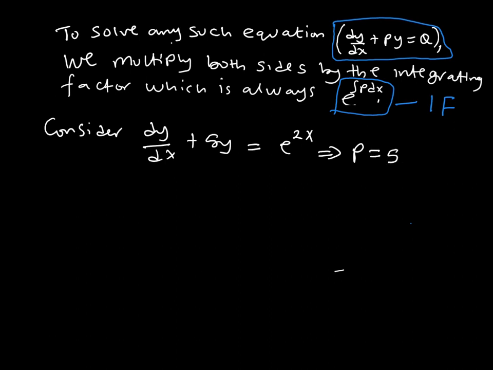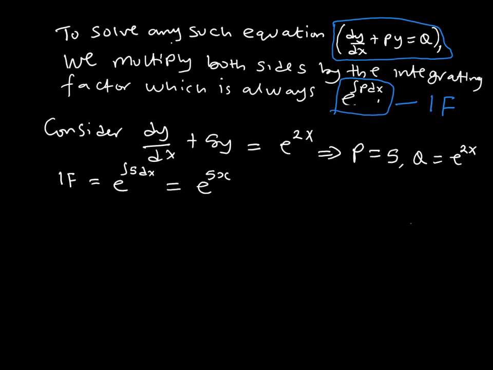That's the coefficient of y. And q is e to the 2x. Now, the integrating factor, okay, will be equal to e to the power integral of 5 dx. And this is simply e to the power 5x. So what do we do with this factor? We multiply through the equation by the integrating factor.